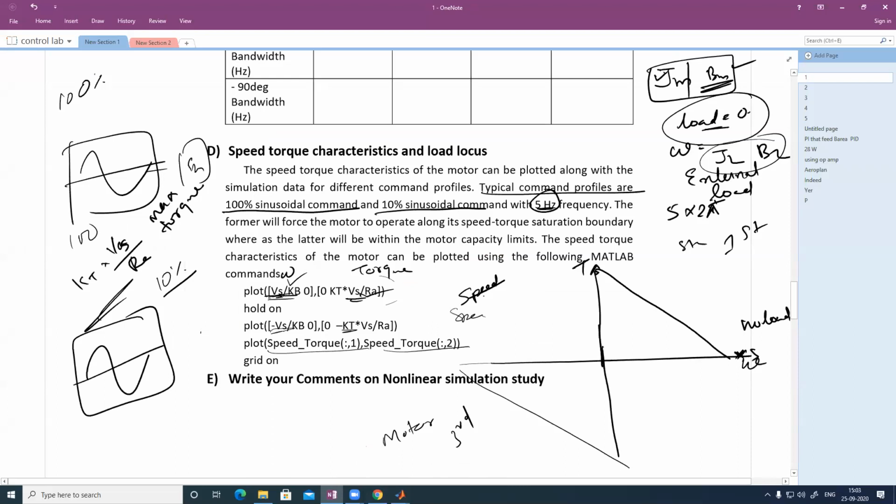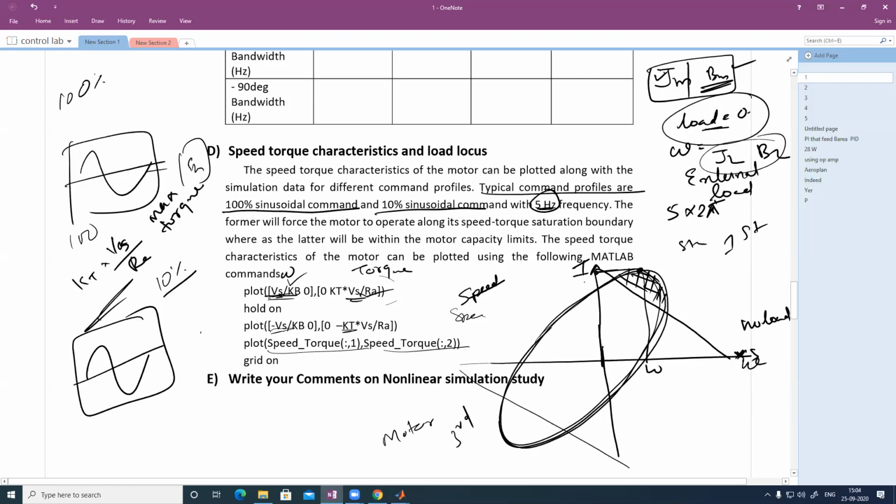What will be the peculiarity of speed torque characteristics is, suppose some locus is like this, if your load demands a locus like this, then in this area the motor cannot supply this torque corresponding to this speed.